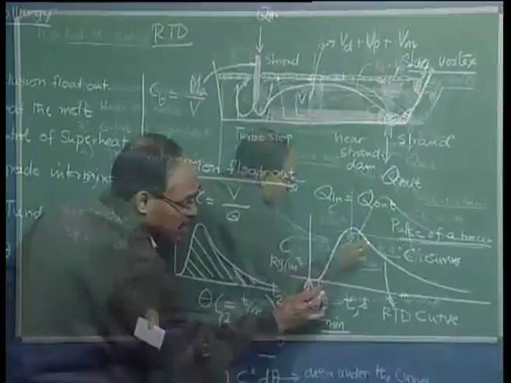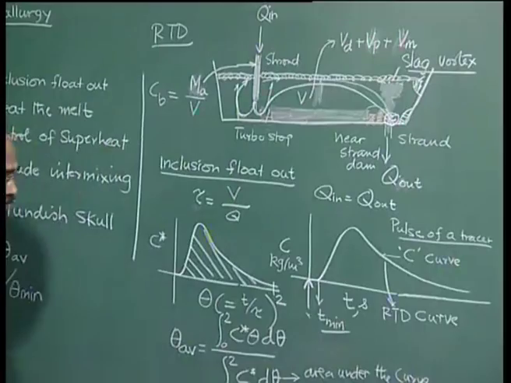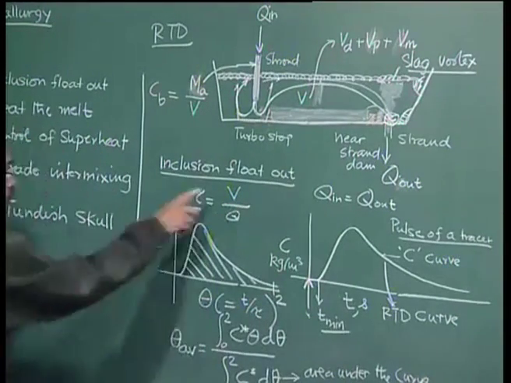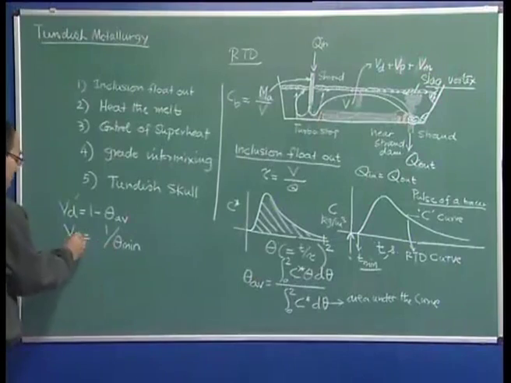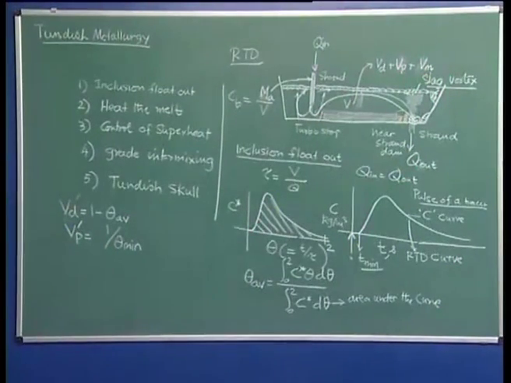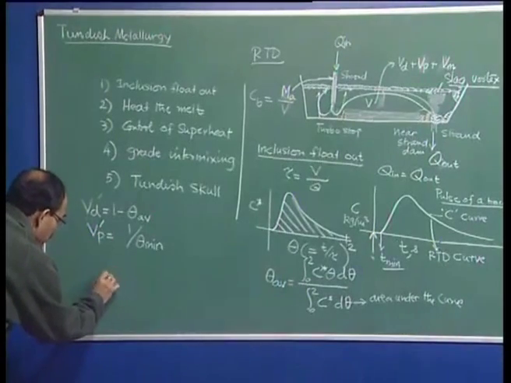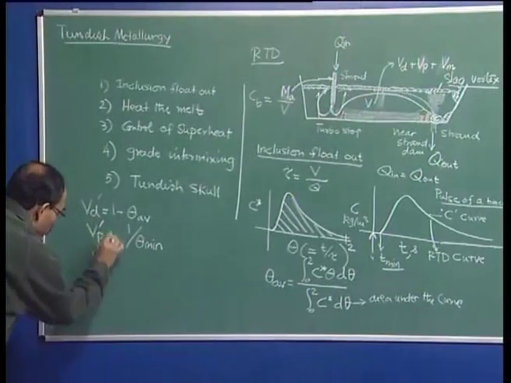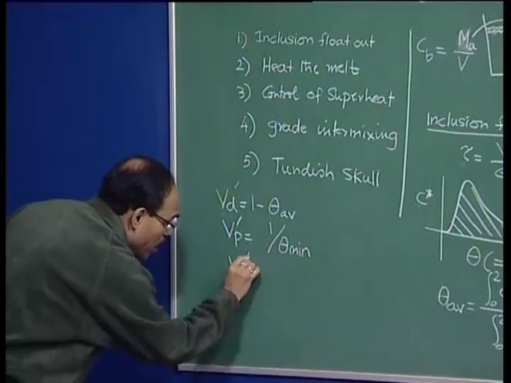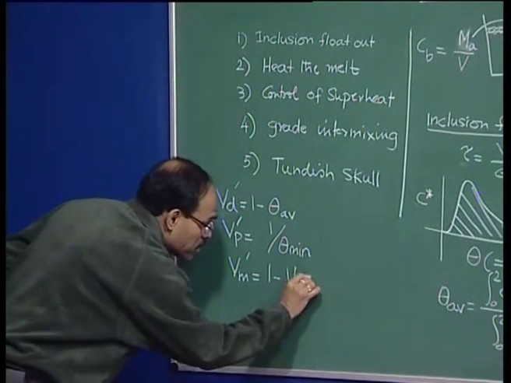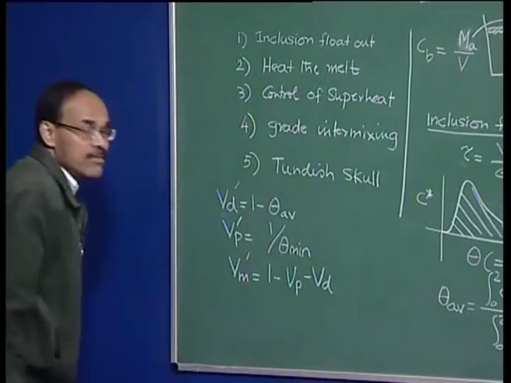This time represents t minimum, and if you divide that t minimum by tau, you get theta minimum. We know that the sum of the total volume fractions is equal to 1. So, therefore, the mixed volume fraction is 1 minus Vp minus Vd.